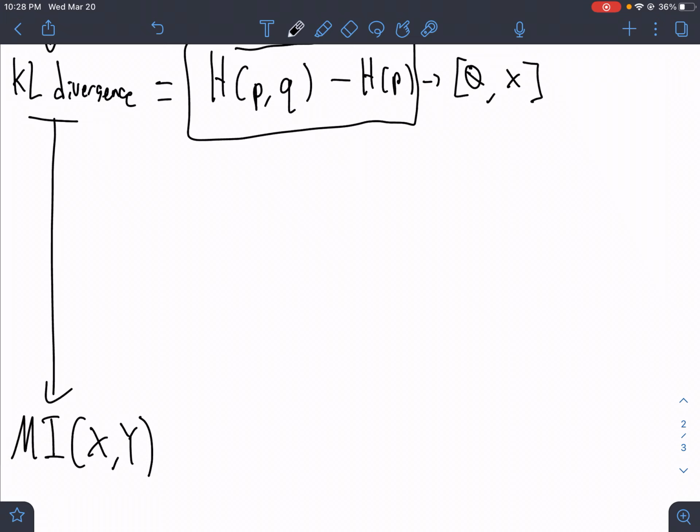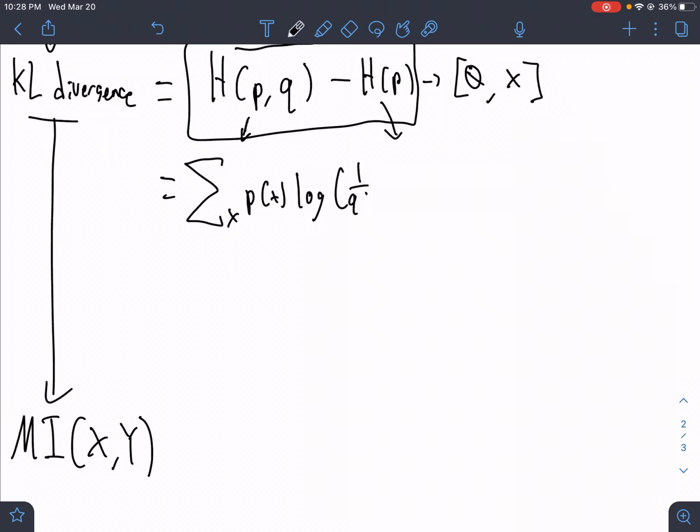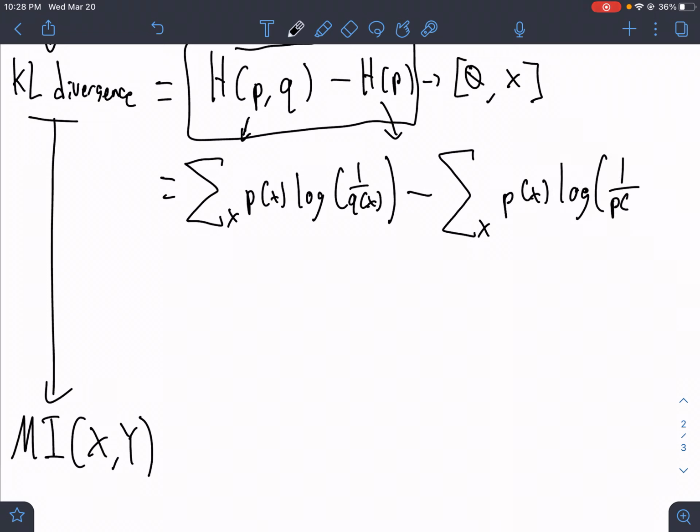All right, so let's expand these into their constituent parts. We have the sum of x, P of x, log 1 over Q of x, minus sum of x, P of x, log 1 over P of x.